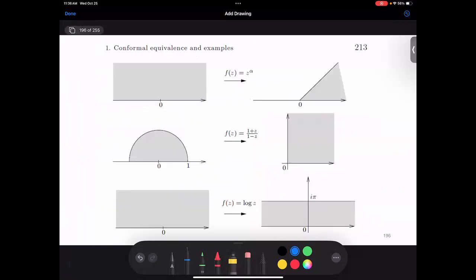Okay, here are a bunch of standard transformations we should look at and know. The first is f of z goes to z to the alpha. What do you think you can tell me about that alpha? When you look at this, it's taking the upper half plane and mapping it to a pizza slice.